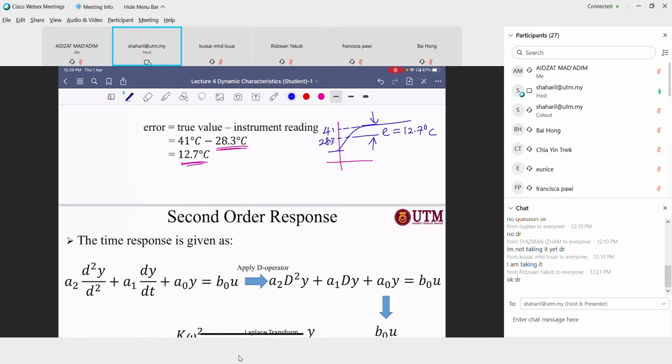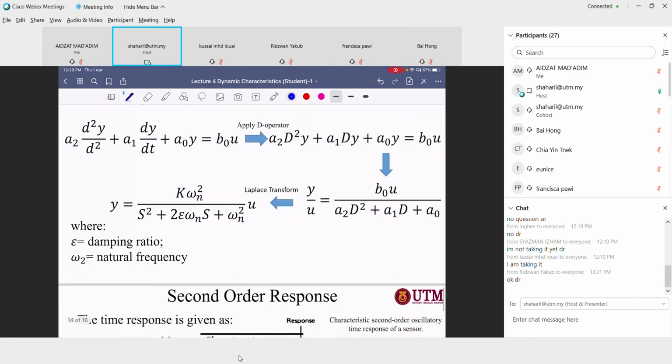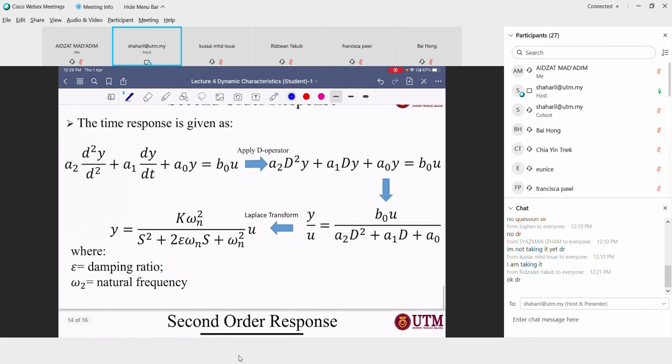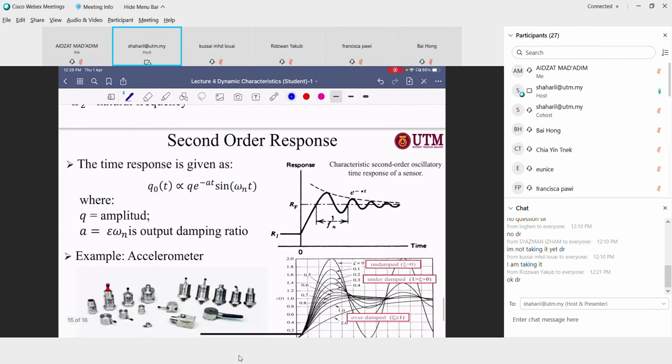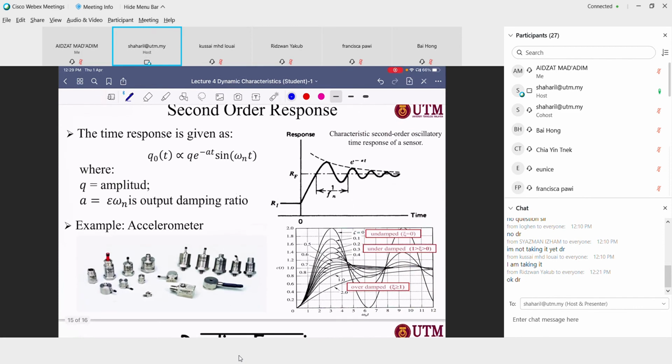Okay. So another one is about second order response. Yep, we do not cover this one in this subject lah, but it's a good thing for your information. The example of the instrument that behaves like a second order system is the accelerometer.